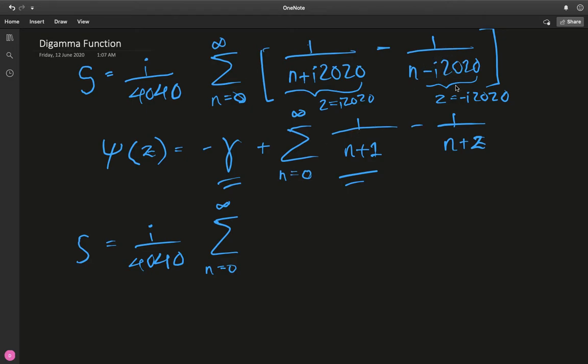So let's take this part because it already has this negative that we need. So let's consider that first.